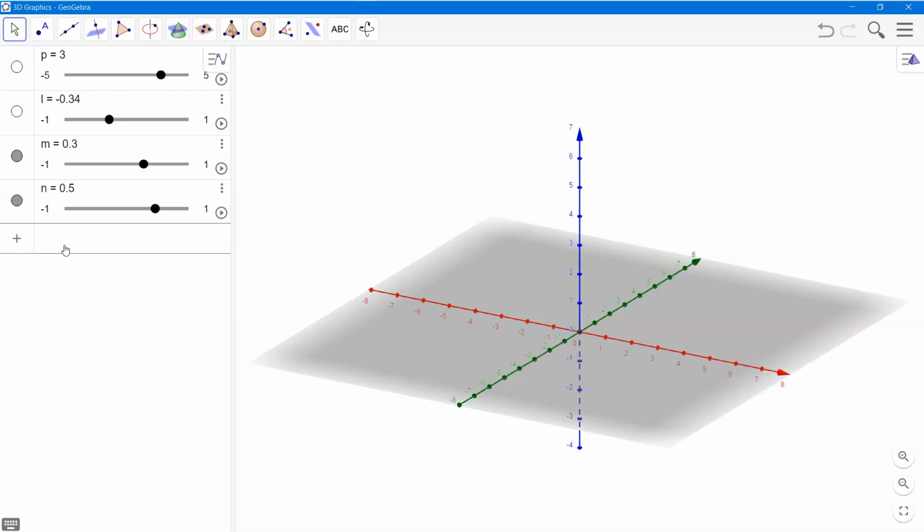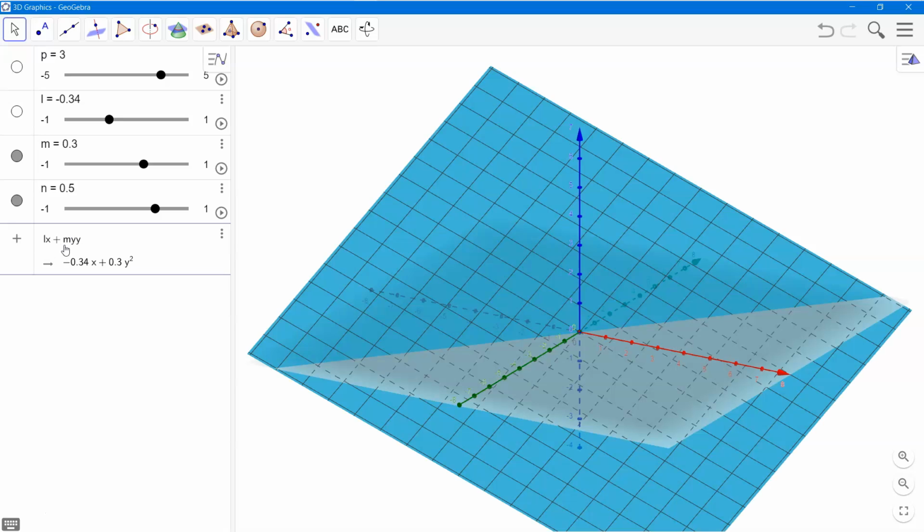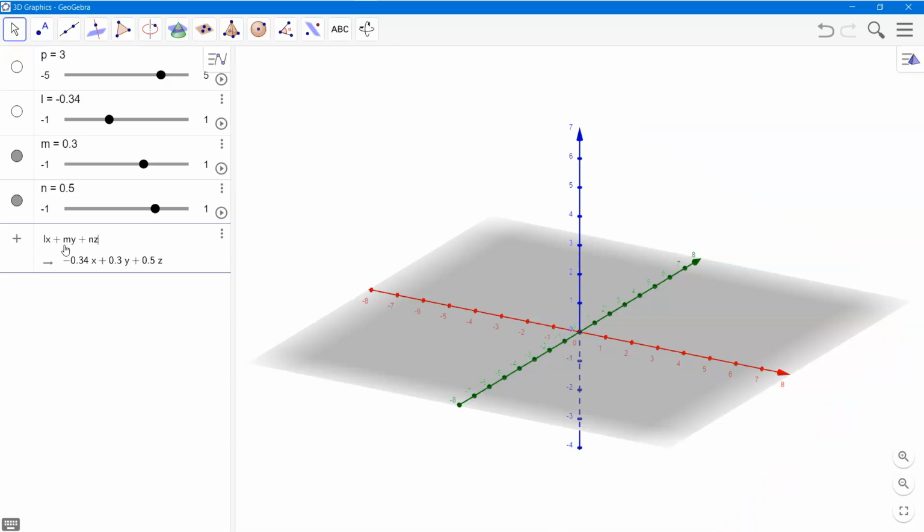So now we have the perpendicular distance and the direction cosines. And let's say x, y, and z are the direction ratio of the normal to the plane. So lx plus my plus nz is equal to p.